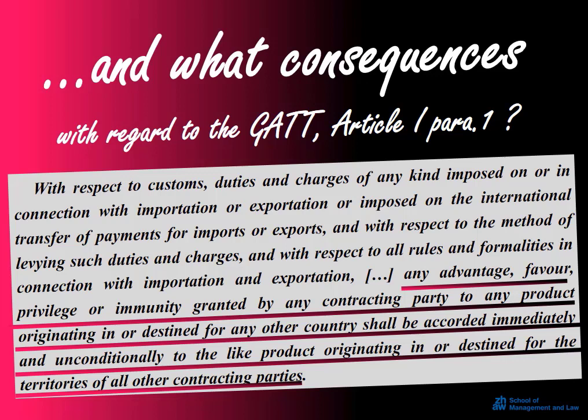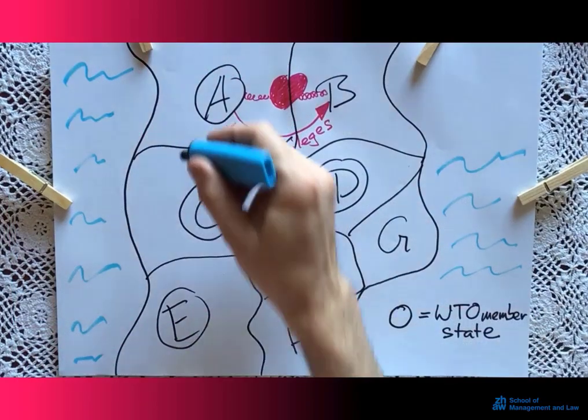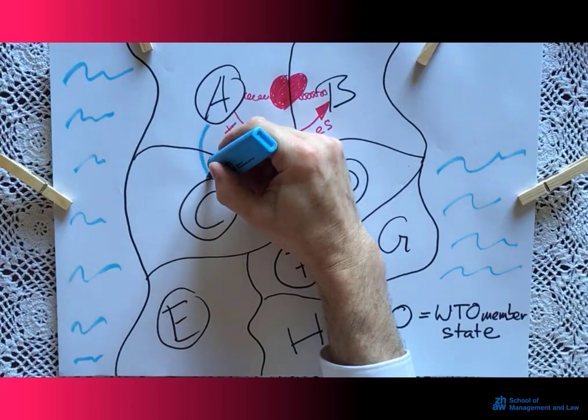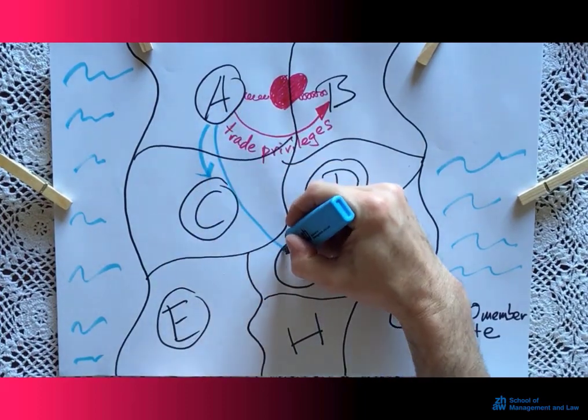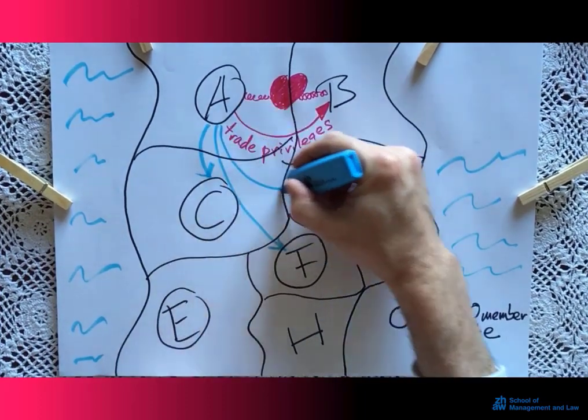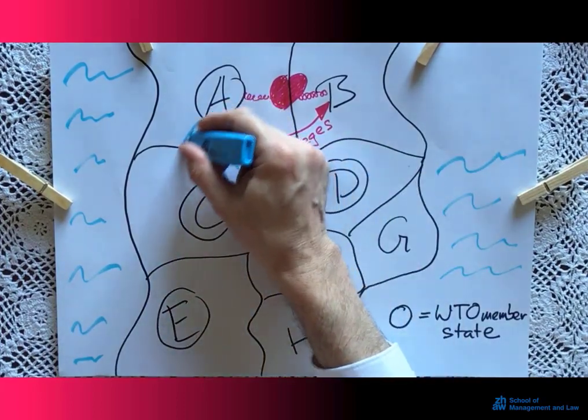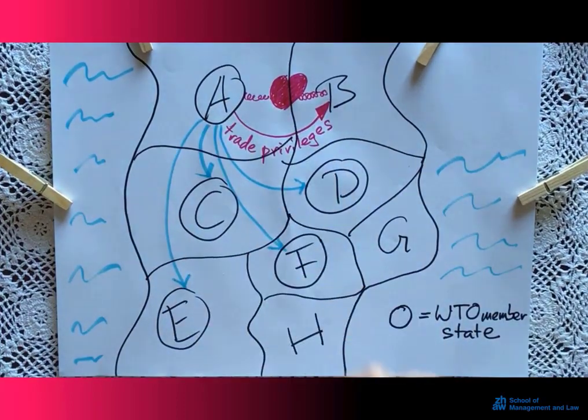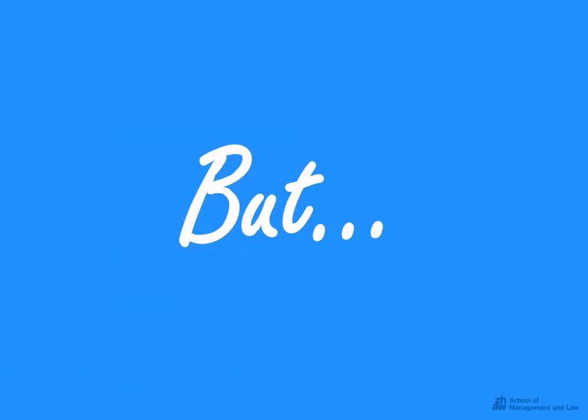Could there be any duties to be respected by the government of State A towards other WTO member states? Well, to that question, students usually come up with the following answer. Based on Article 1, Paragraph 1, State A should grant the same privileges to other WTO member states. That seems logical, doesn't it?